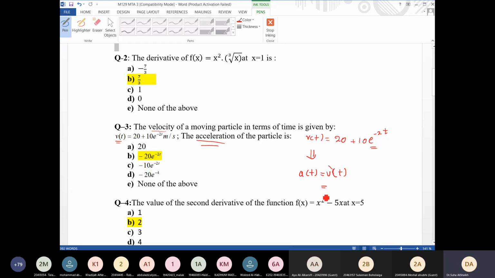This is v dash of t. Derivative of 20 is 0. Derivative of the exponential will be minus 20 times e to the power of this, and this will be the answer. You haven't taken the exponential part yet. Okay.